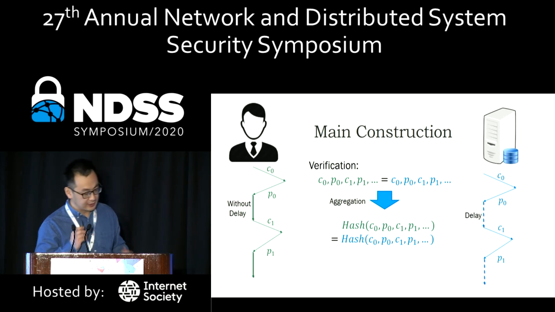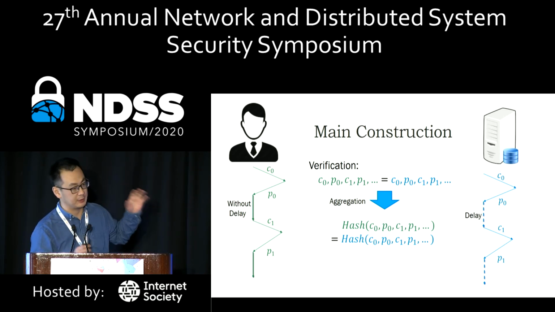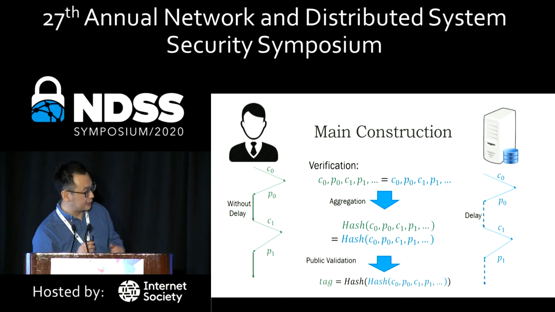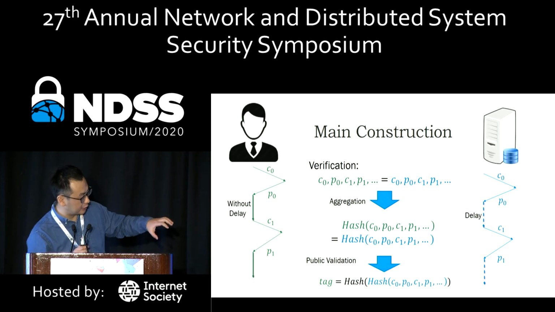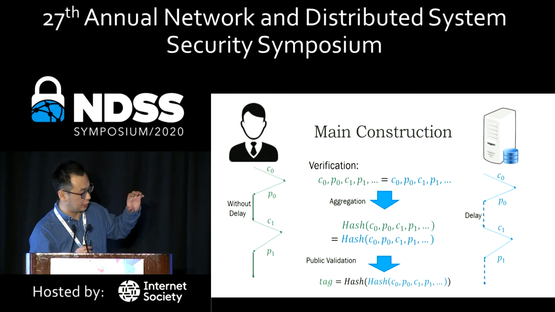Okay, but another question is we want to make the verification public. So how to make it public? We let the data owner publish a tag. The tag is equal to the hash of the hash value of all the PORs computed by himself.